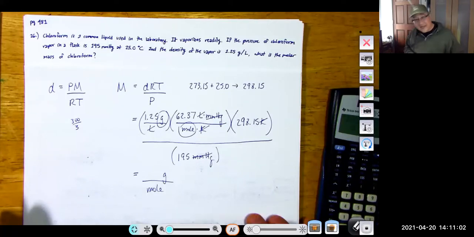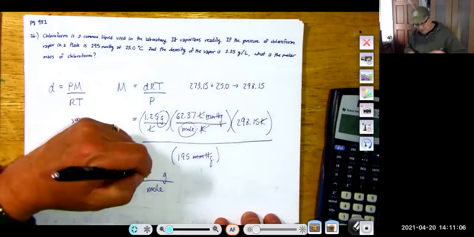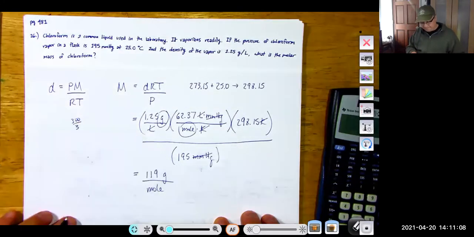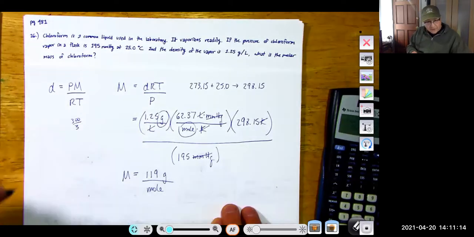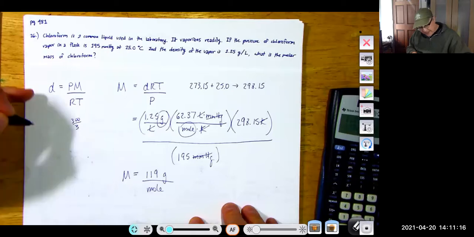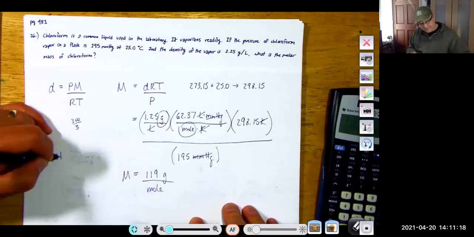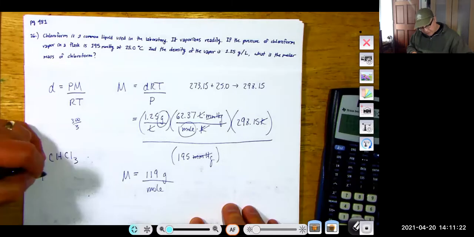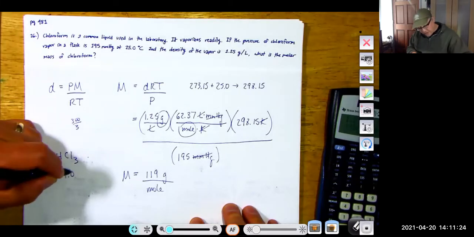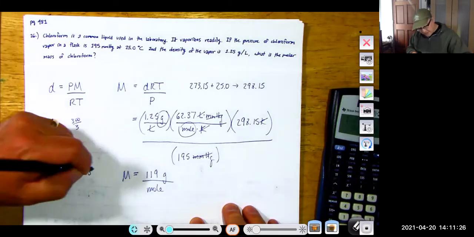And I get 119, which isn't a bad difference between our two numbers. So that's the molar mass of this gas. And chloroform, I happen to know, is CHCl3, which is 12.01 plus 1.01 plus 35.45 times 3.